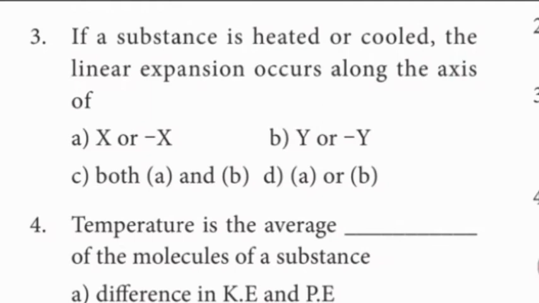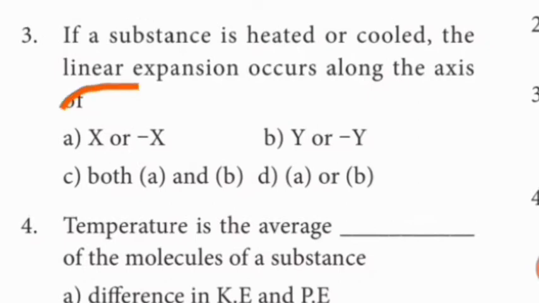Third question is, if a substance is heated or cooled, the linear expansion occurs along the axis of: option A, x or minus x; option B, y or minus y; option C, both A and B; option D, A or B. The answer is x or minus x.